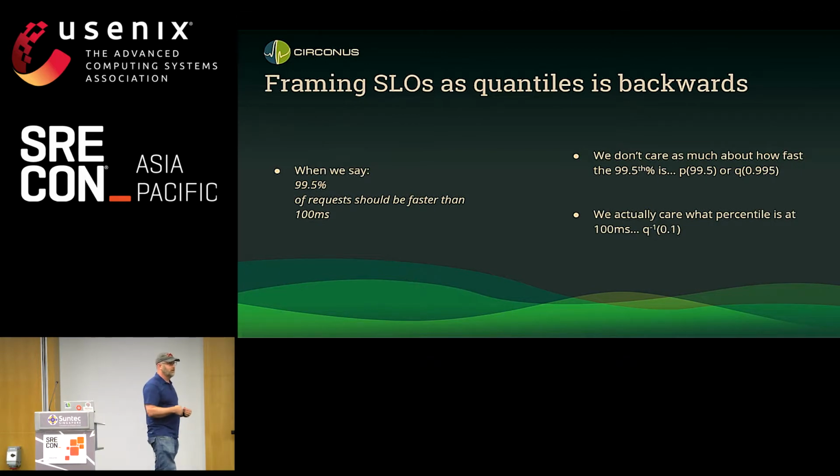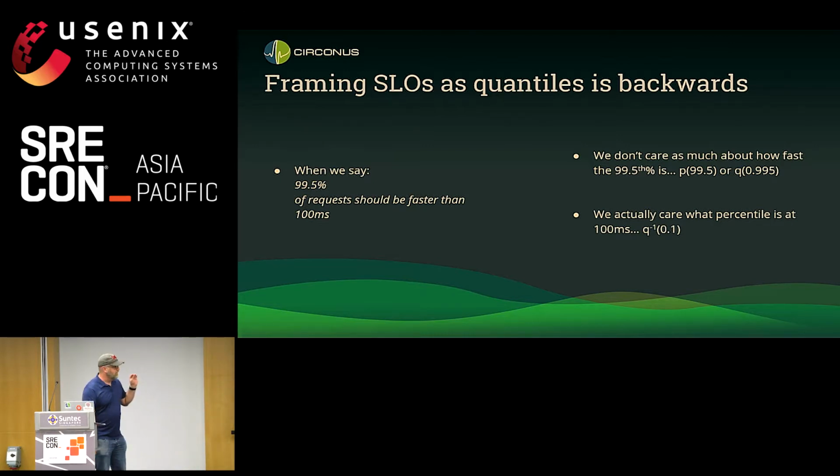If you care about the 99.5%, you've decided, in a brutish way, that enough people just don't matter, right? Whereas with 100 milliseconds, you're actually dictating an experience level, right? And it's a much better thing to decide what experience is acceptable as opposed to how many people you don't care about. So it's just a much better construct. What you really care about is an inverse quantile.